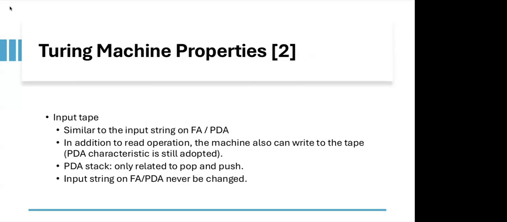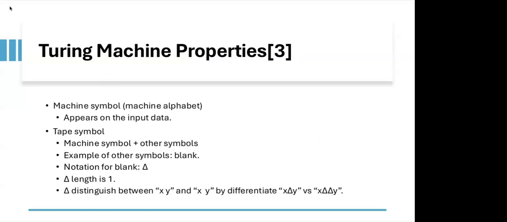In PDA, we have a stack that we can write to, but now we write directly to the input tape. The PDA stack only allows pop and push, but now we can rewrite. The input string on FA or PDA is never changed, but in Turing machine, the input string may be changed.